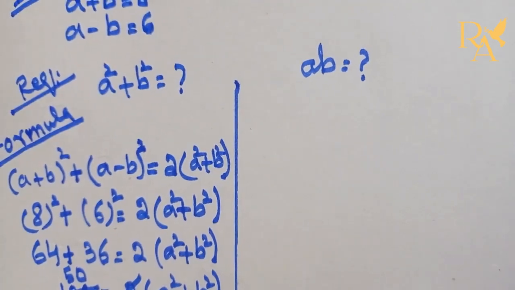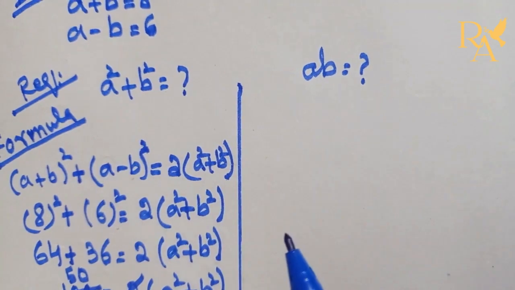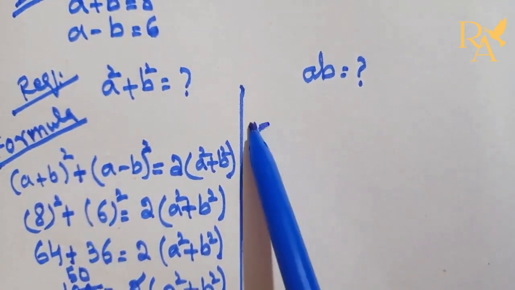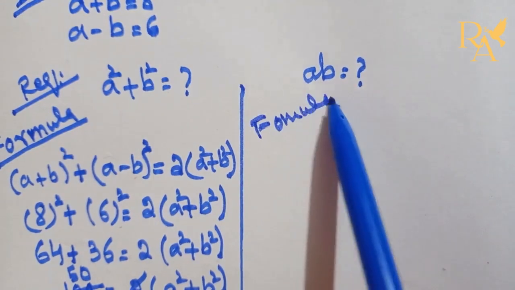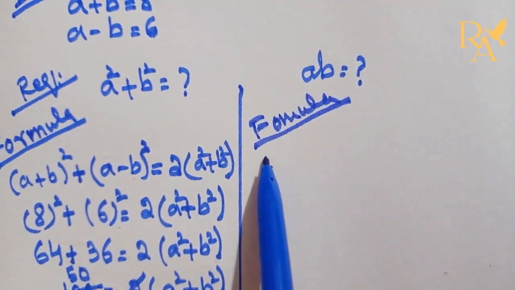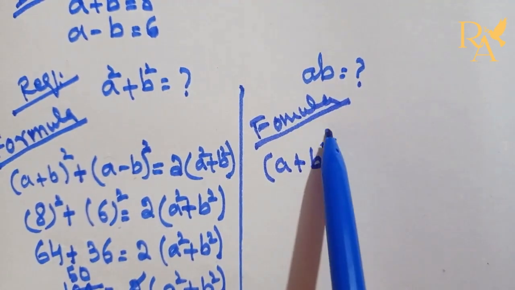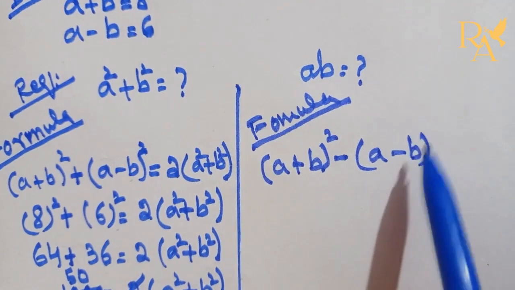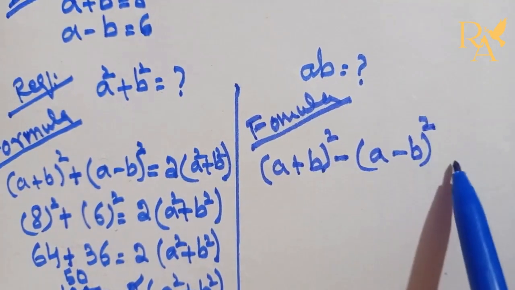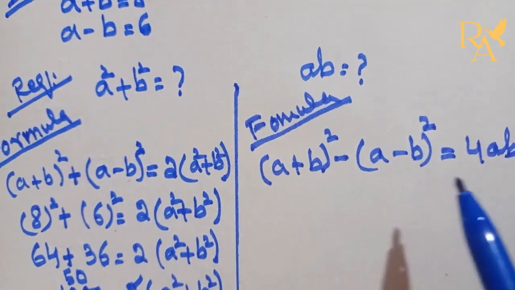In the given data, AB is also required. For solving AB, we are using the formula (A plus B) whole square minus (A minus B) whole square is equal to 4AB.